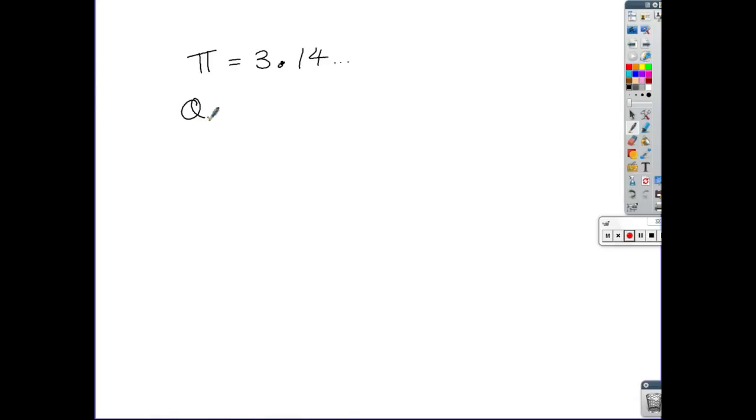Q is the symbol that we use for rational numbers. And we can say that pi is not a member of Q. So pi doesn't belong to the set of rational numbers.